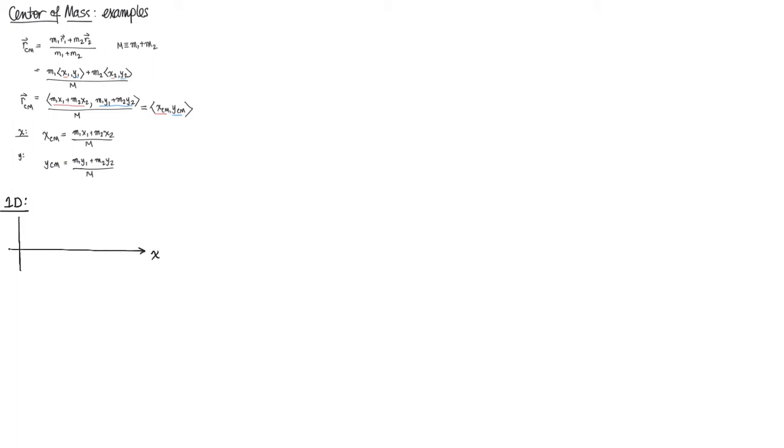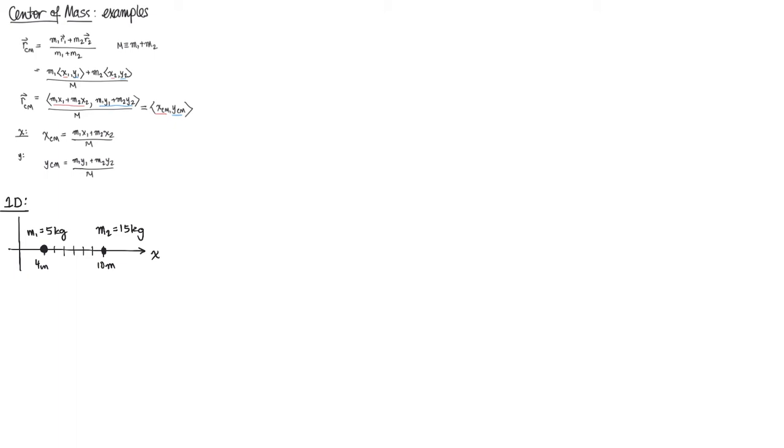In the x direction, we have a mass 4 meters from the origin and a mass 10 meters from the origin. Okay, so we have m1 and we have m2. And let's let m2 be 15 kilograms and m1 be 5 kilograms.